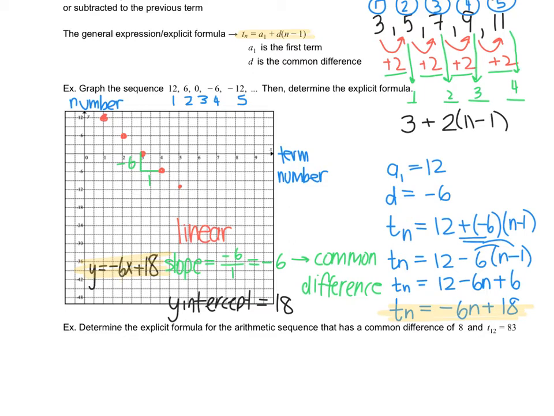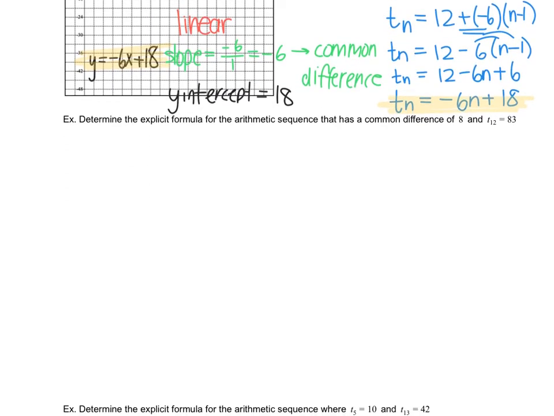Now, using that, let's go ahead and move up in the level, because in this sequence, I gave you the common difference, I gave you the first term, so there was no problem finding that explicit formula. But if we look at the next example, I'm not giving you all of that information. So we have to determine the explicit formula for the arithmetic sequence, and you're told that it has a common difference of 8 and T12 is 83.